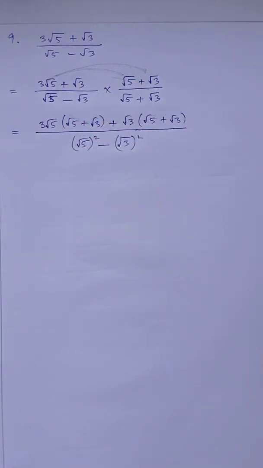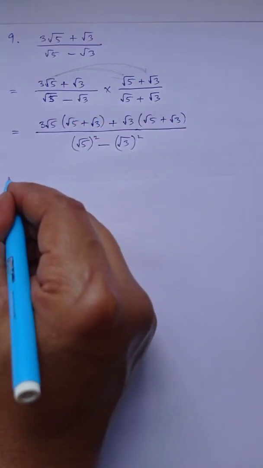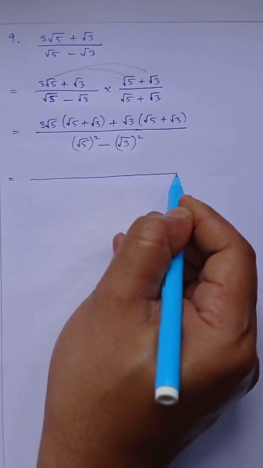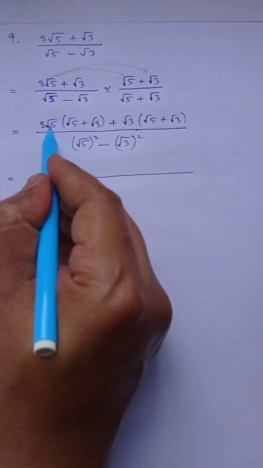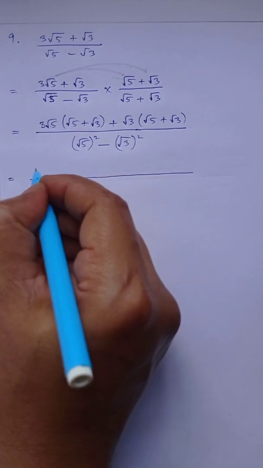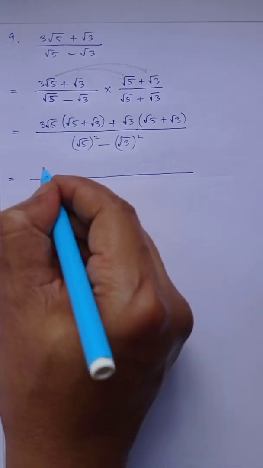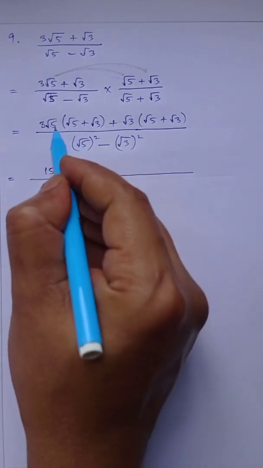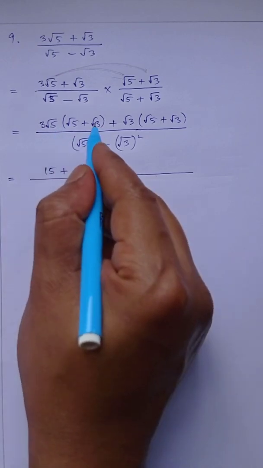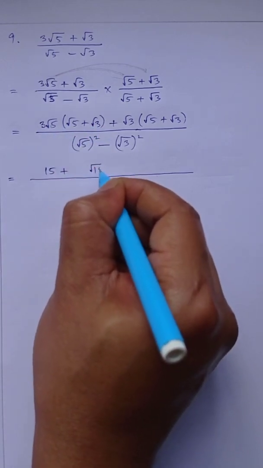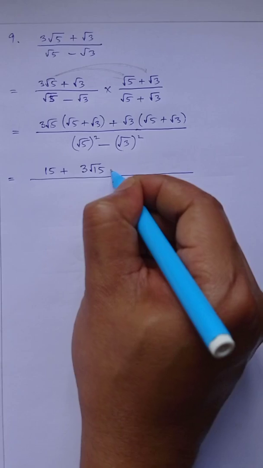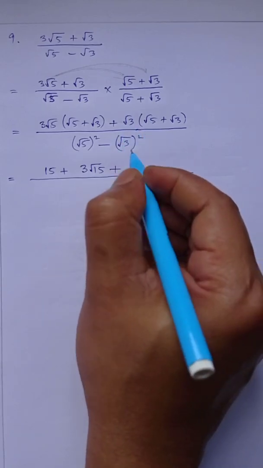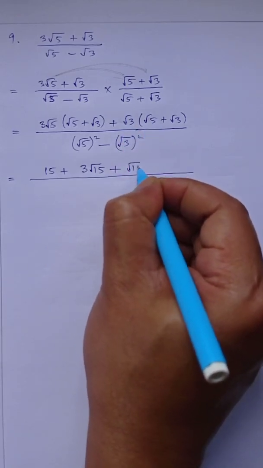So what will we get here? 3 root 5 into root 5 is 5, 5 into 3 is 15, plus root 5 and root 3 is root 15, so there's a 3 root 15, plus 3 into 5, 15.